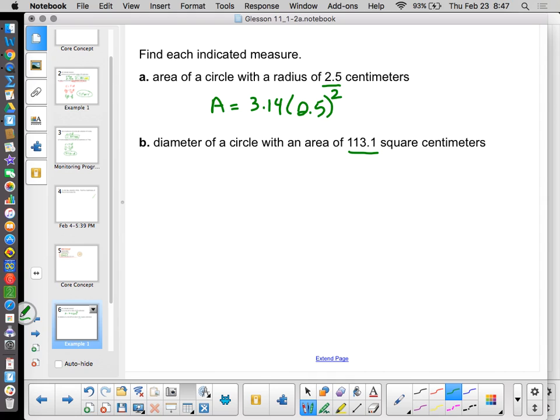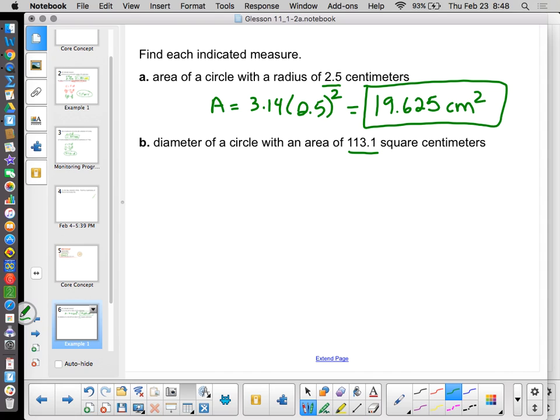Now, order of operations says I have to do the exponent before the multiplying, so 2.5 squared, and then times 3.14 gives me 19.625, since it's precise, 19.625 centimeters squared. Again, context, units, and it's units squared because it's an area. We know area is measured in units squared.